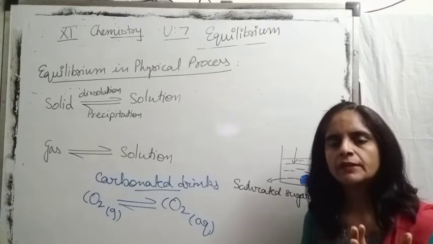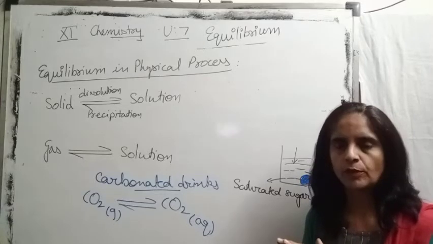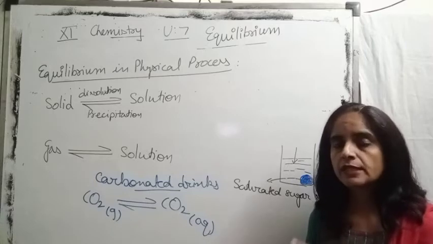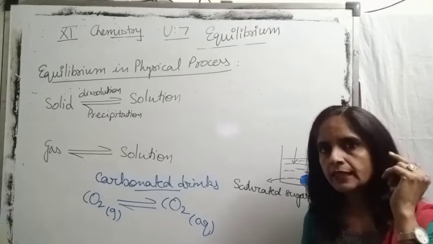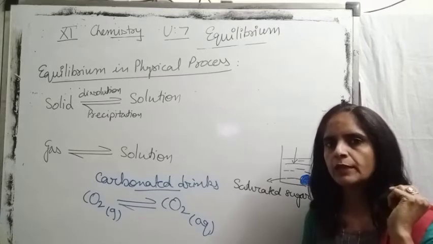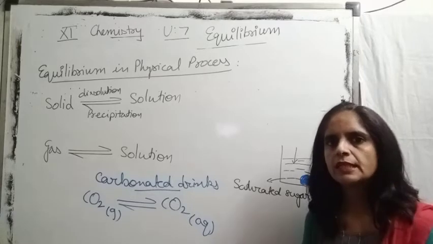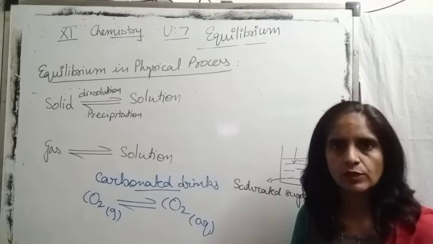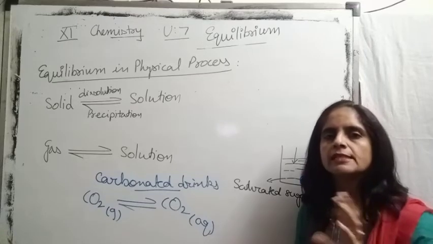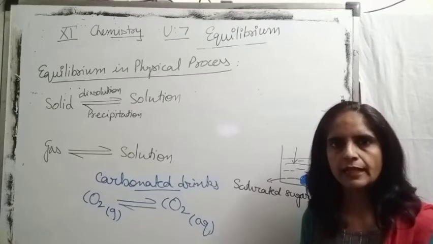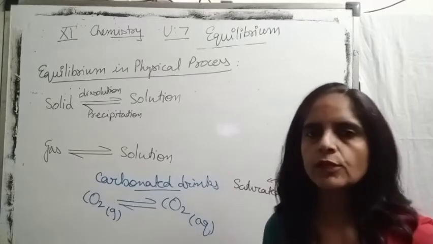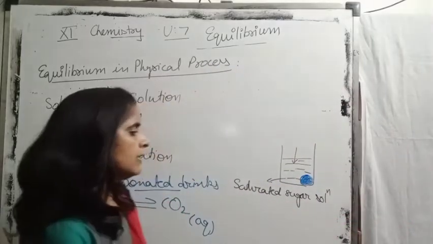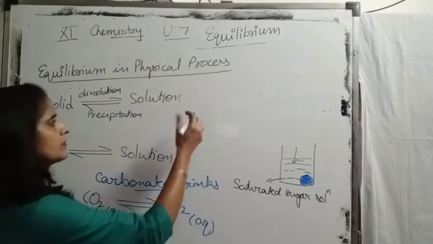After some time that fizzing out process is stopped. Why? Because now again at the atmospheric pressure, an equilibrium stage is established between the gaseous form and the aqueous form. That's why we can say the concentration becomes constant at this stage. And this equilibrium is further explained by Henry's law.